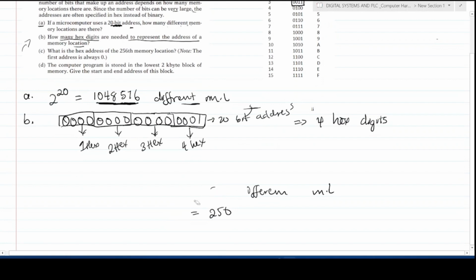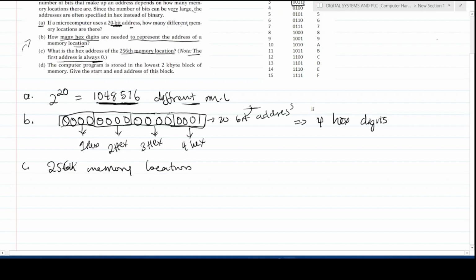Now moving on to question number 3. What is the hex address of the 256th memory location? This is very important. Note the first address is always 0. The 256th memory location, you'll be tempted to say it is 256, but that's incorrect. Memory location numbering starts from 0.